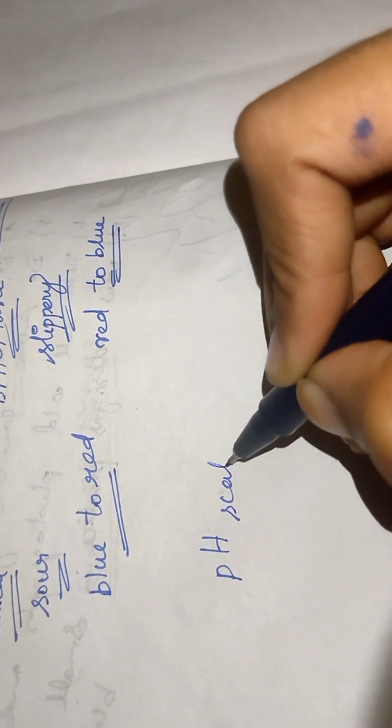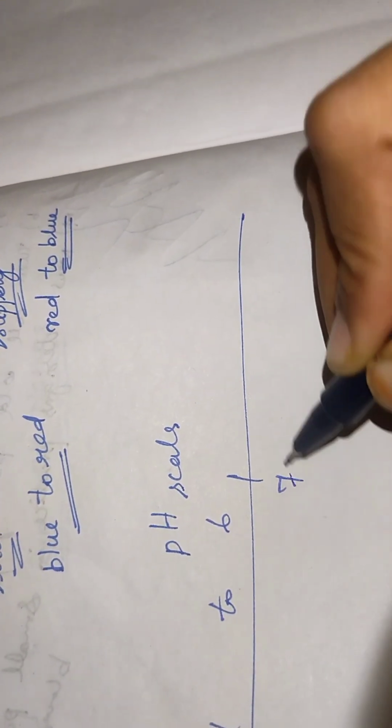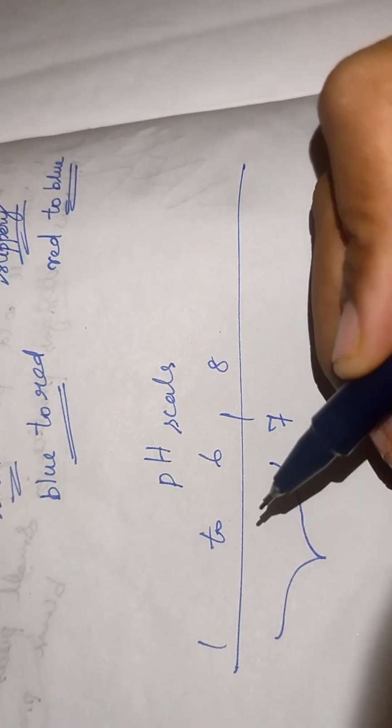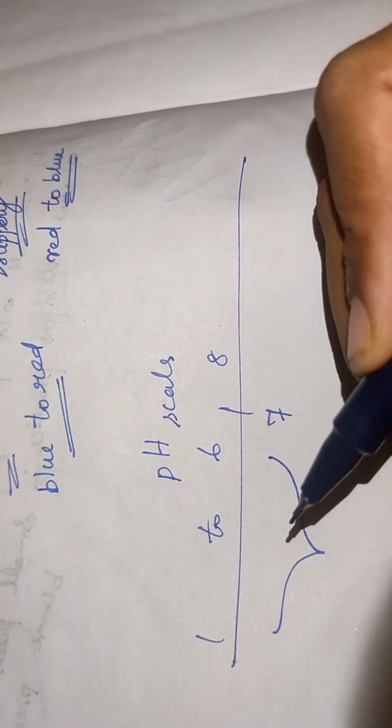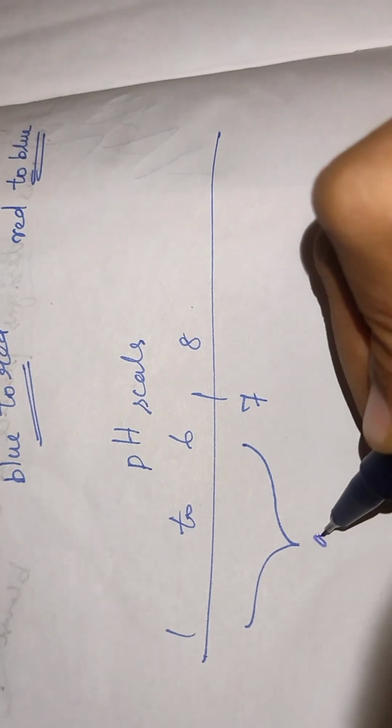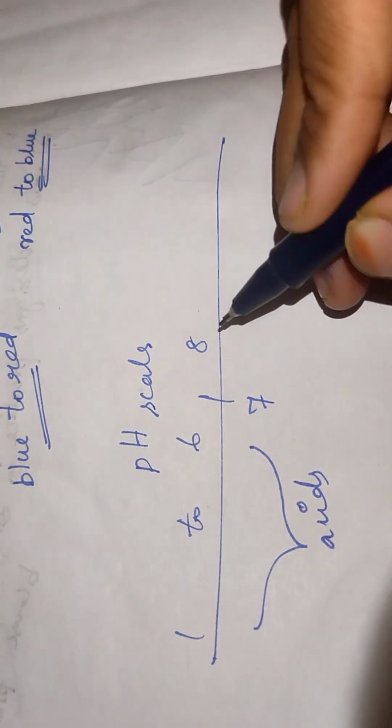According to the pH scale, we know the pH values: here 1 to 6, here 7, and here above 7. A chemical substance having a pH of 1 to 6 is known as an acid.